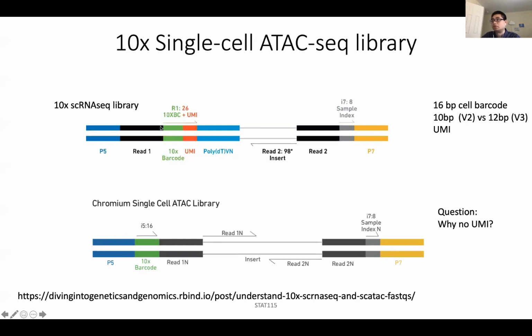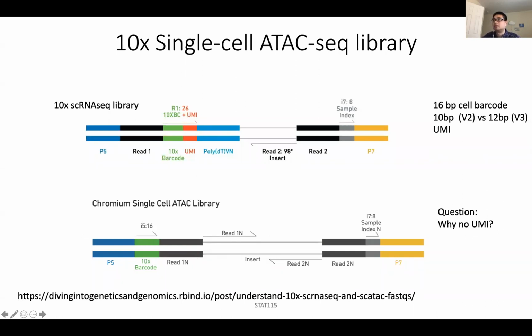R1, the forward read for single cell RNA-seq, contains only the 16 base pair cell barcode plus the unique molecular identifier, UMI. It's 10 base pair for version 2, and later for version 3, it becomes 12 base pair. So the R1 read will be either 26 base pair or 28 base pair. And the R2 read contains the genomic information.